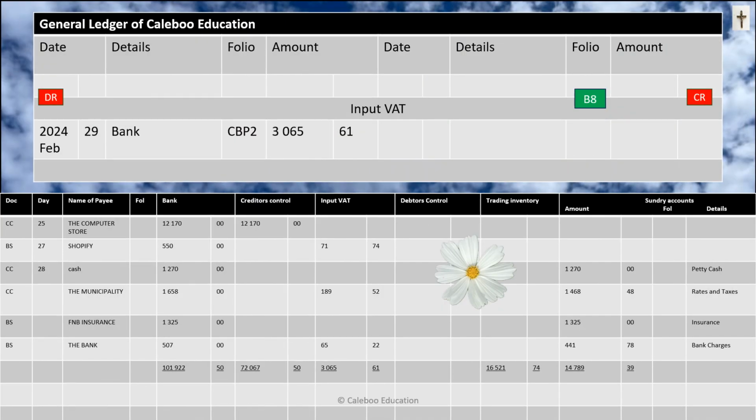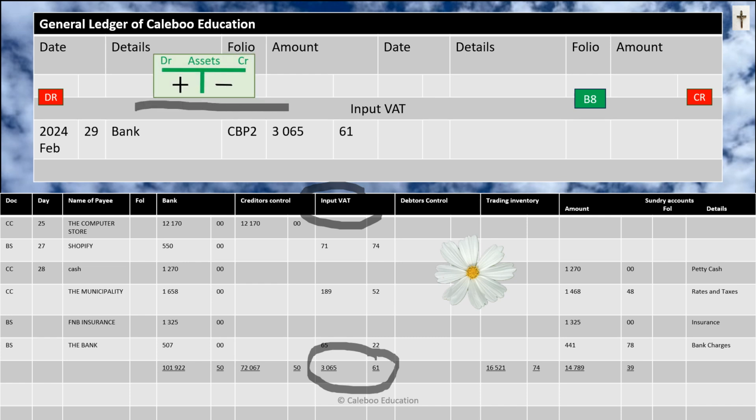We're nearly there. We are on the input VAT account, and we need to take the total to the general ledger account, and we go and categorize input VAT. Input VAT is an asset to Calibu Education. We can claim this money back from the revenue services. So it is an increase in assets.